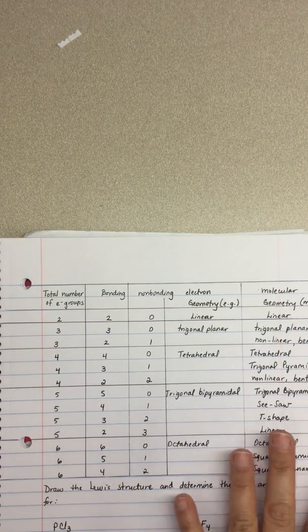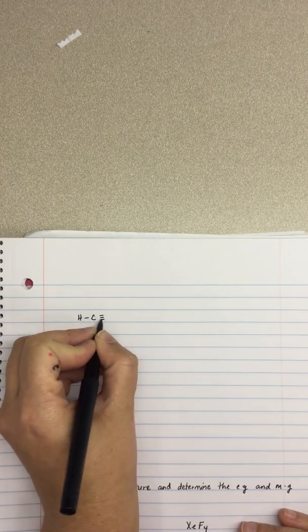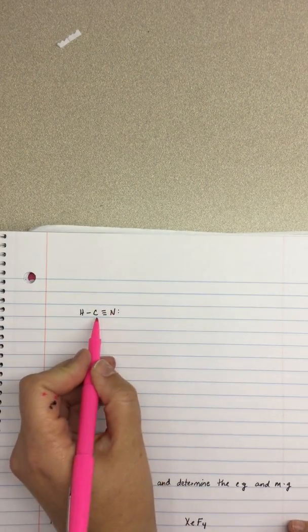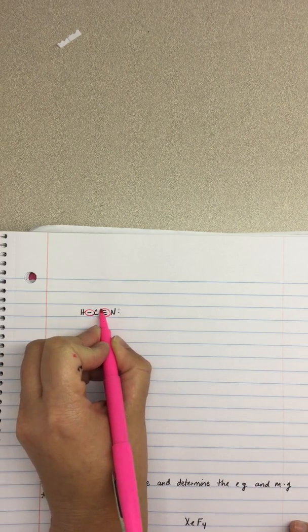I want to do this one. Your central atom is carbon, 1 electron group and 2 electron groups around carbon. 2 electron groups because even though it's a triple bond, your triple bond is counted as 1 electron group.